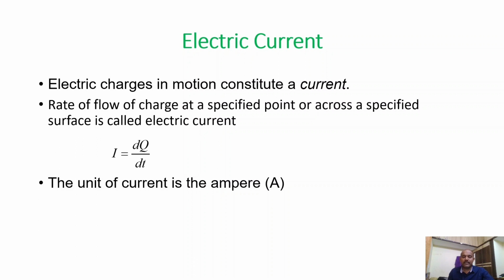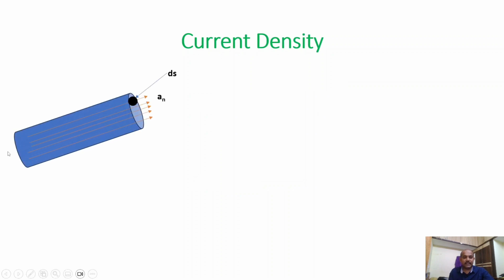After defining what is electric current, let us define what is electric current density. If I consider a current carrying conductor, there is a rate of change of charges. That is nothing but the current. The current is flowing through a conductor. I will just take a cross section of the conductor.